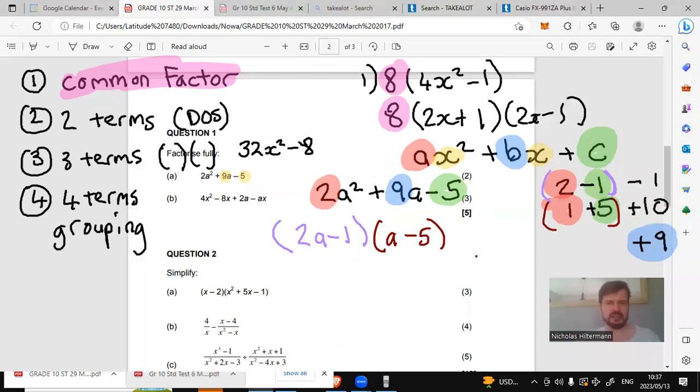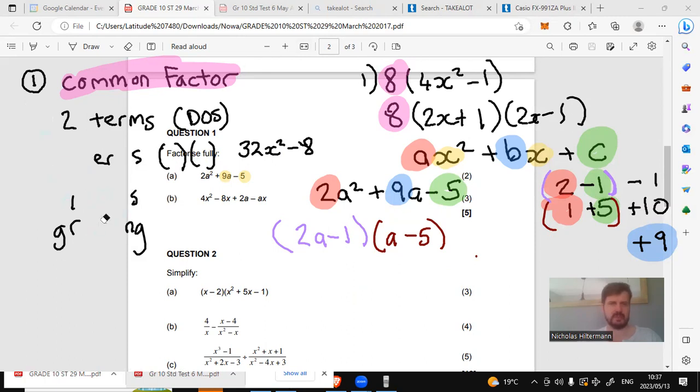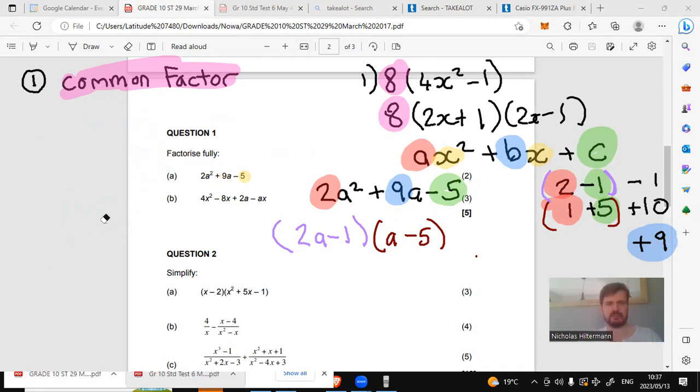And now the last one is the grouping. So I count the terms, right? So our steps are actually like this. What I should be doing is this. Step 1, common factor. Step 2, count the terms.